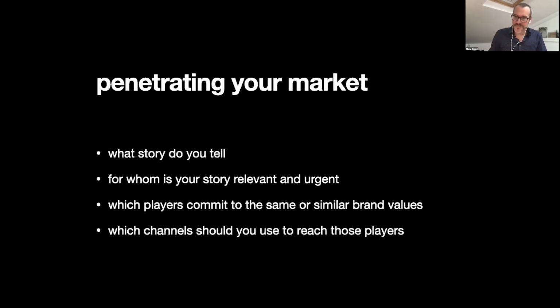If you've identified all these people and put names to the different categories, you can also identify the channels that you can use to reach those players. If you are interested in young tech-savvy entrepreneurs, then Facebook might be slightly out of date, and you might want to use TikTok or Snapchat or a different way to communicate with them.